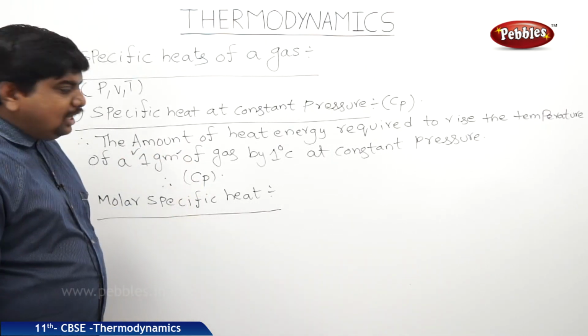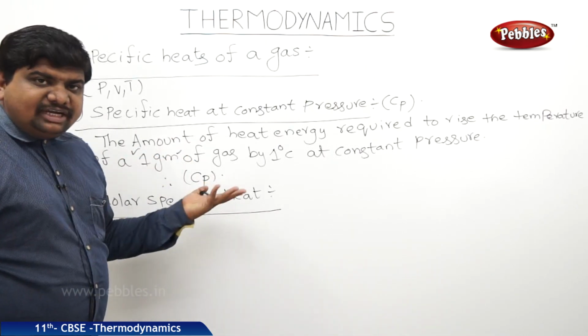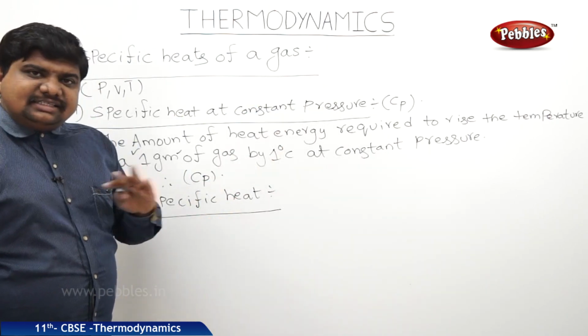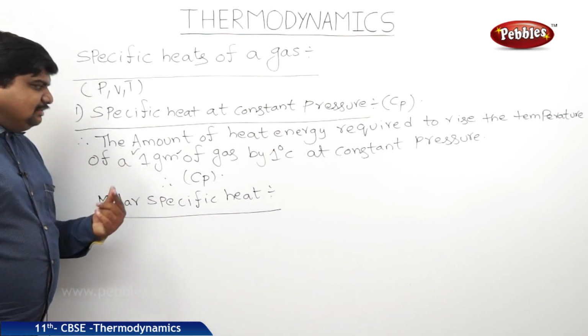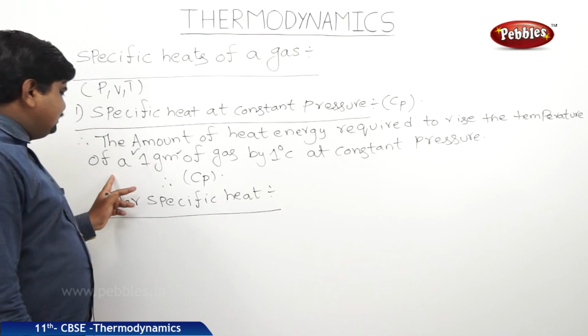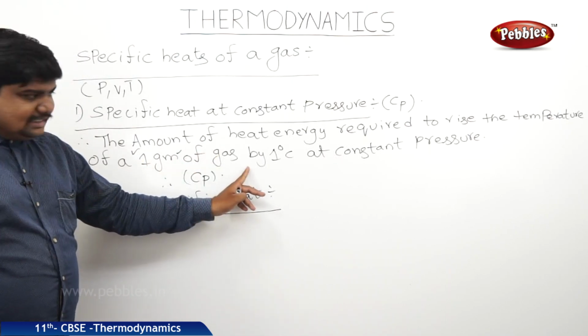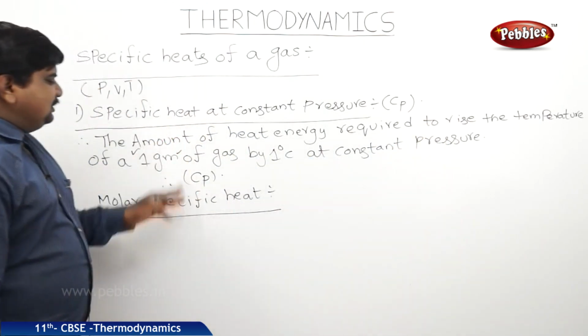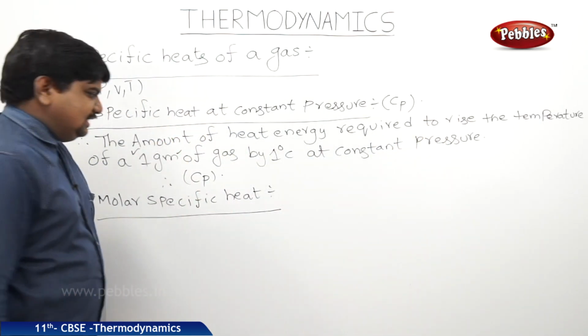But in case of molar, instead of 1 gram, we should write 1 mole. That is the only difference, and the remaining structure is the same. So the definition changes like this: the amount of heat energy required to raise the temperature of 1 mole of a gas by 1 degree Celsius at constant pressure is called molar specific heat.